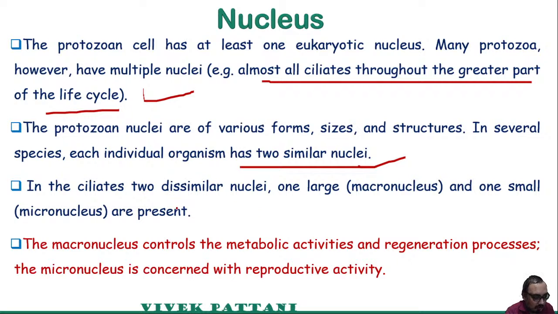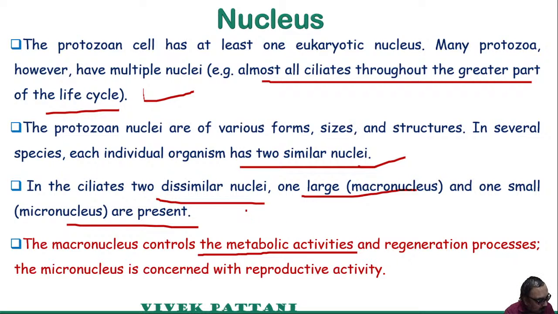In the case of ciliates, two dissimilar nuclei are present: one is a large macronucleus and one is a small micronucleus. Now, what is the function of macro and micronuclei? The macronucleus basically controls metabolic activities.